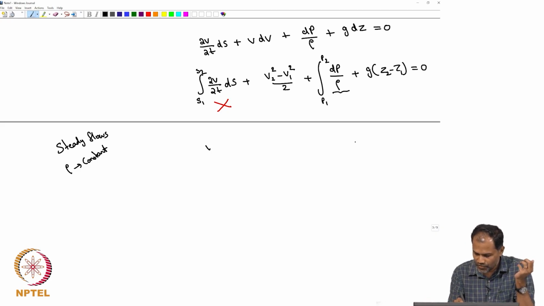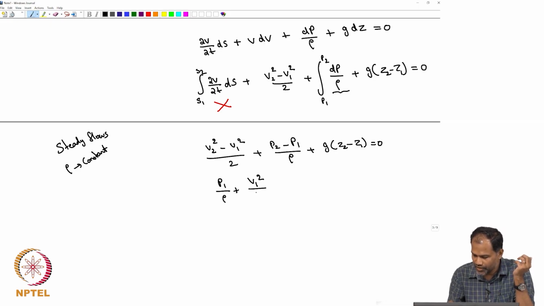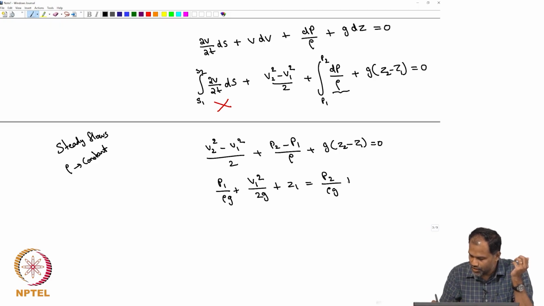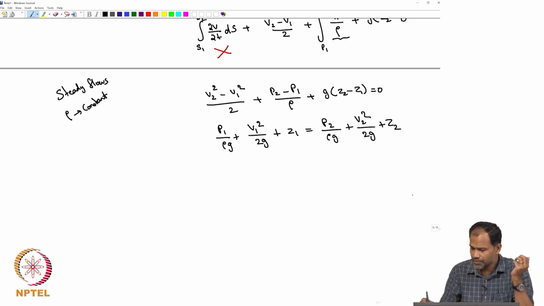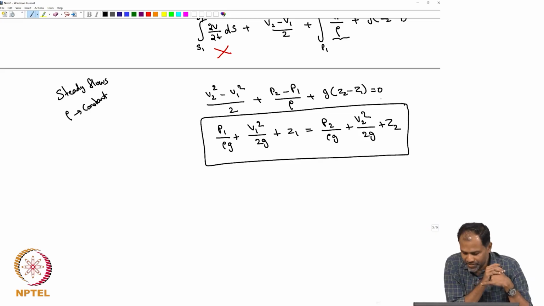So, we get (v2 square minus v1 square)/2 plus (p2 minus p1)/ρ plus g times (z2 minus z1) equal to 0, or writing in a nicer form, p1/ρg plus v1 square/2g plus z1 is equal to p2/ρg plus v2 square/2g plus z2, and that is the familiar equation that is called Bernoulli's equation, right.